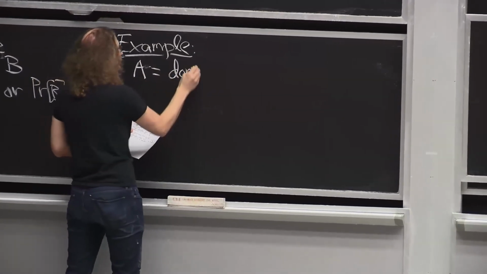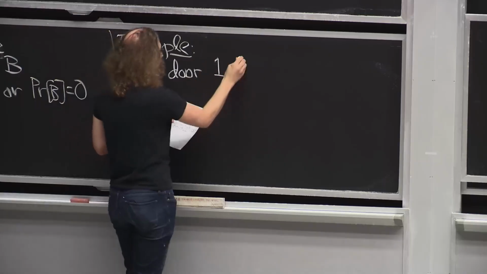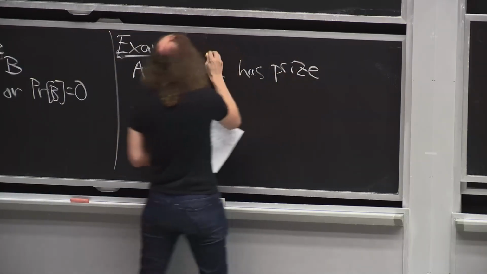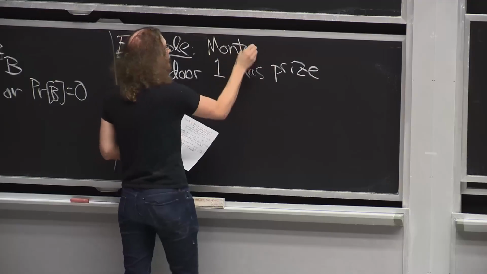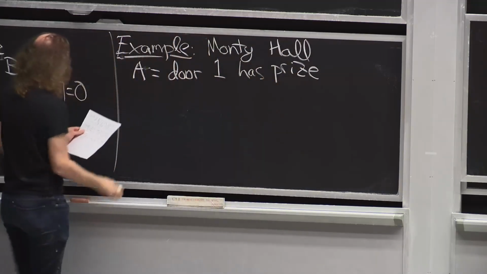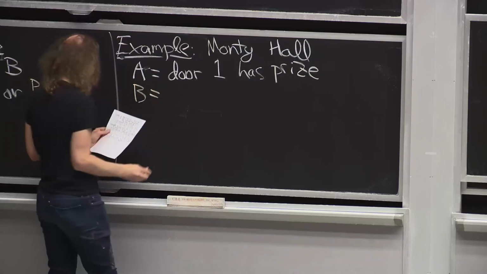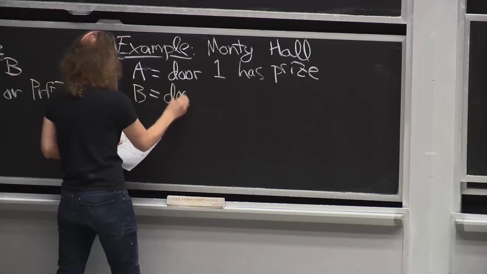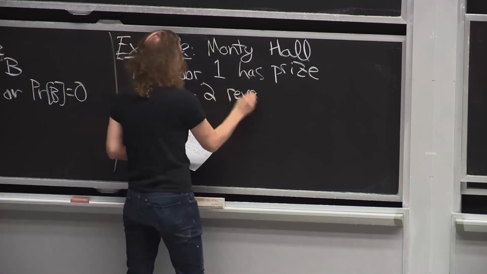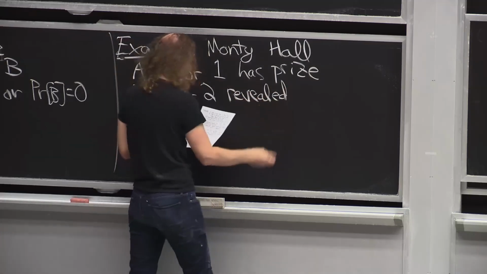One is door 1 has a prize. I forget the door names that Bryn Mawr used, so I'm just going to call them door number 1, 2, and 3, just like in the game show. And I don't have fancy colored boxes.